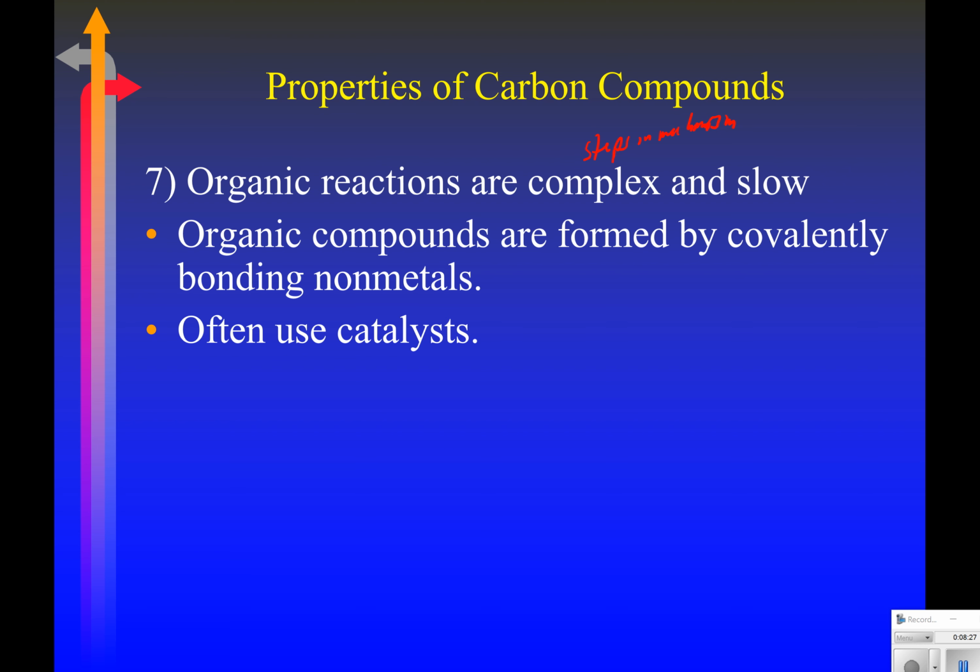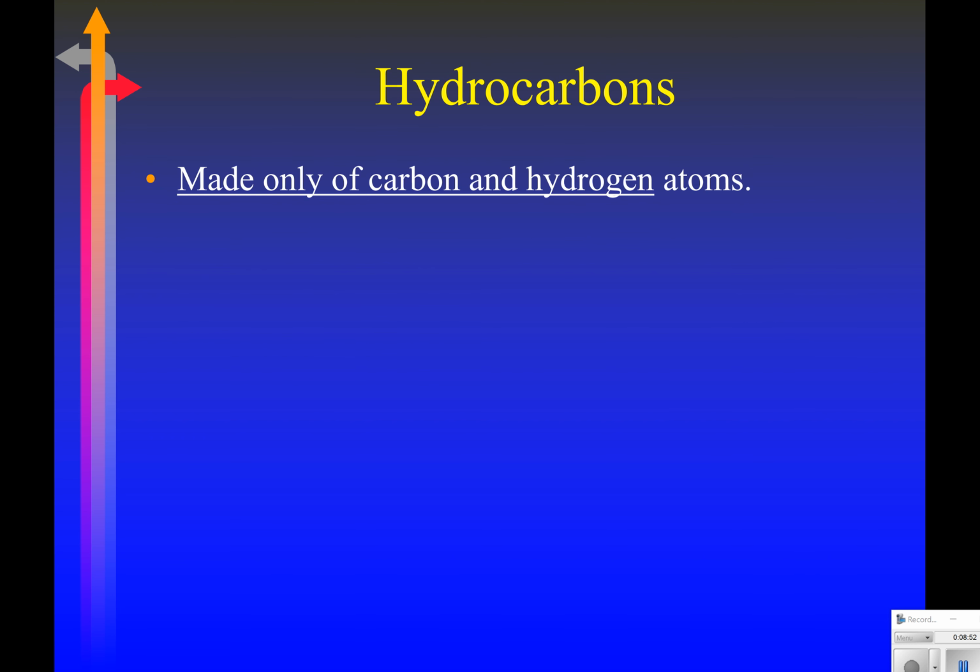Now, these organic compounds are formed by covalently bonding nonmetals. So this is going to be a relatively slow process because covalently bonded compounds generally react pretty slowly when compared to ionic reactions, which occur much faster.